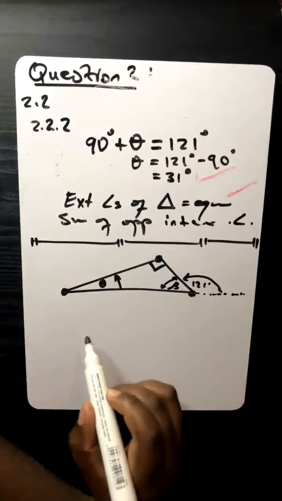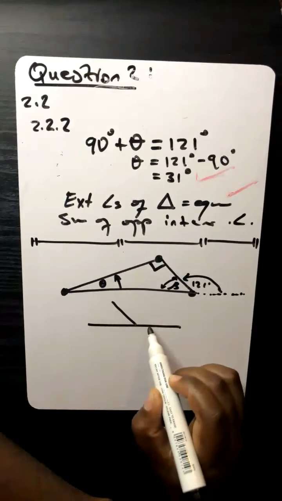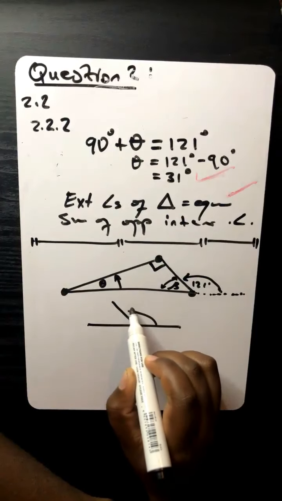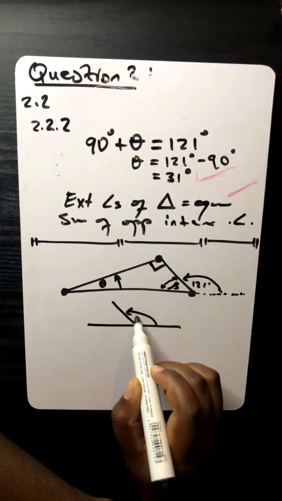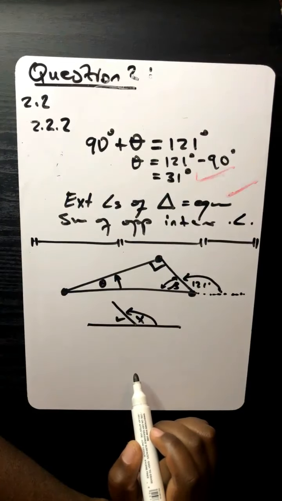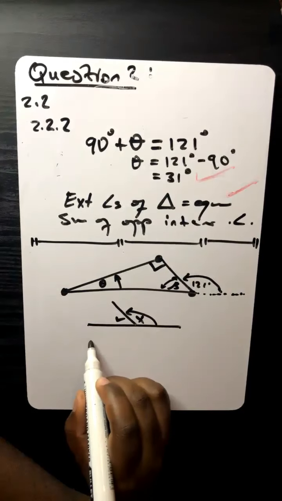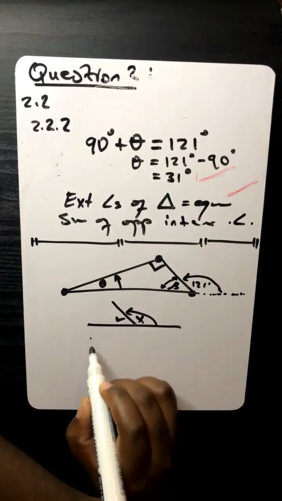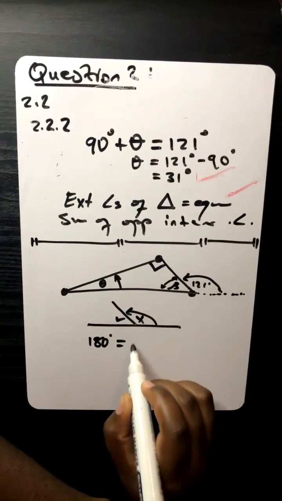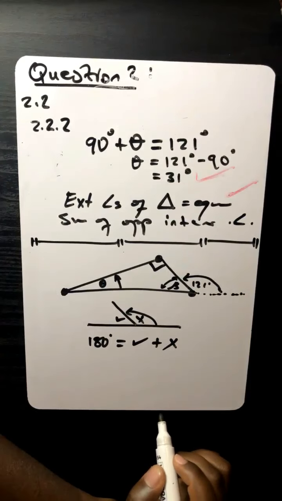So what Zanda is saying is if we have a horizontal line and we know this angle, then we can easily know that angle. What are you saying, Zanda? You're saying this is a straight line which is 180 degrees, which is equal to that angle plus that angle. Is that what you're saying?